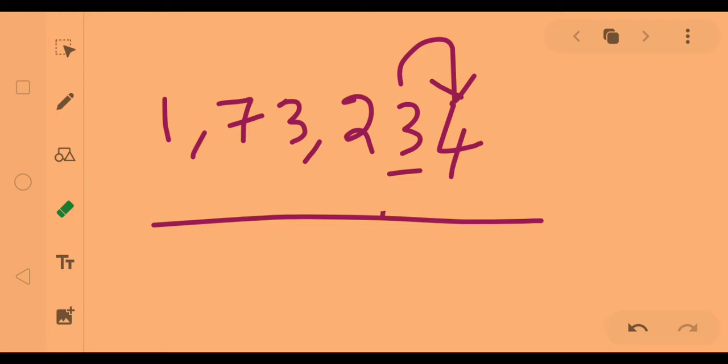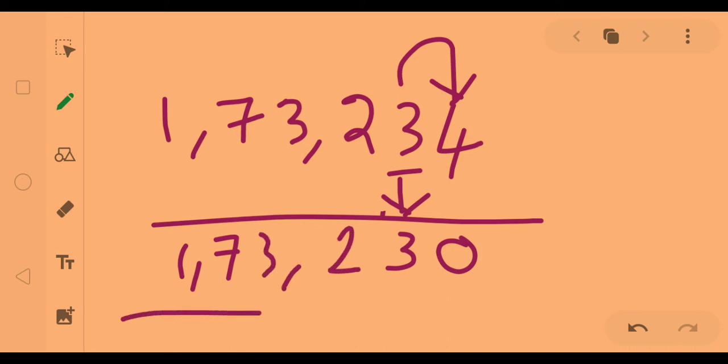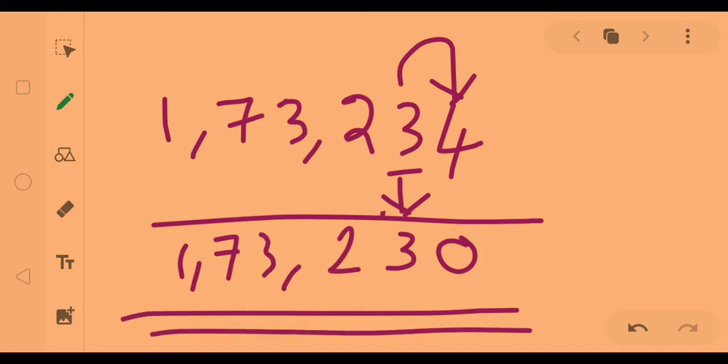We write 3 as it is, and the previous place digit turns to 0. The digits before the tens place all remain the same. So 1,73,234 is rounded to 1,73,230. I hope you all understand.